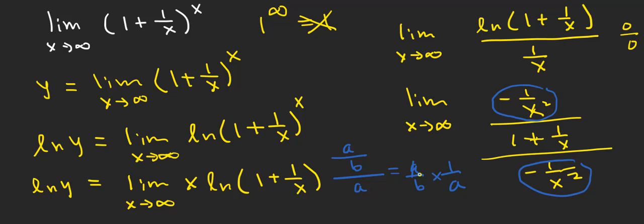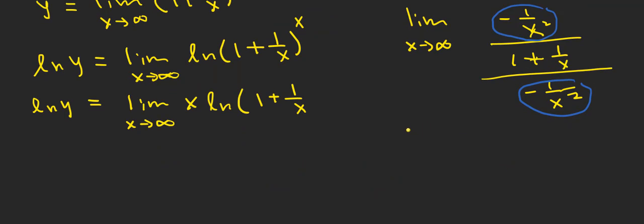So a cancels out, you get 1 over b. So after you go through the algebra process, what you're going to get is the limit as x goes to infinity of 1 over 1 plus 1 over x.